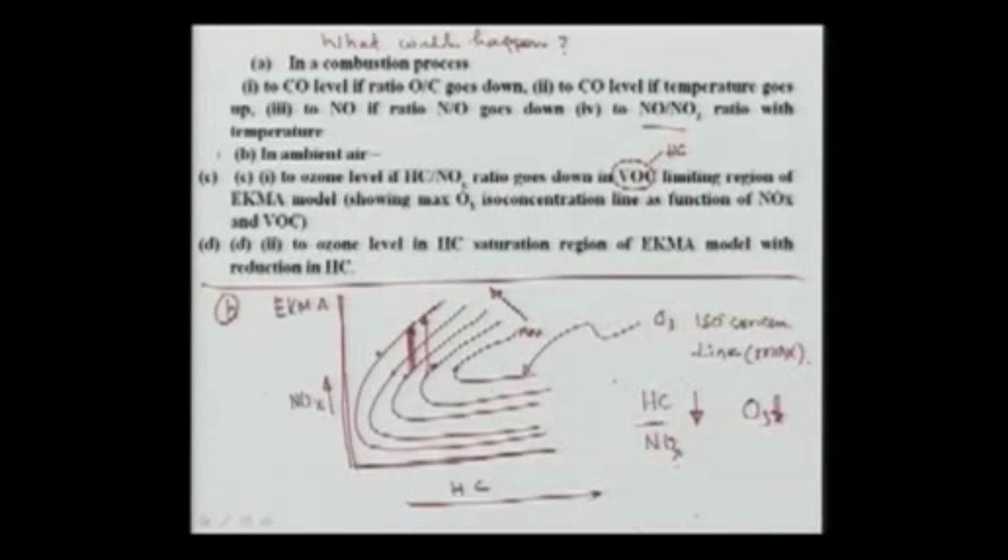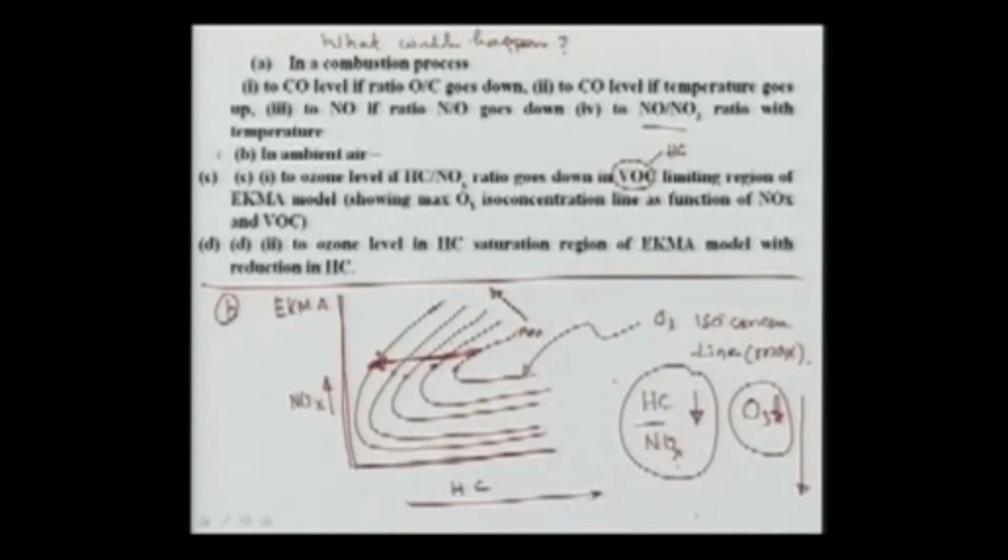I can also decrease this ratio by decreasing the hydrocarbon. So let's see if I can remove this. I can decrease this ratio by decreasing the hydrocarbon, which means again I am moving in this direction. If I move in this direction, again my ozone concentration is dropping. So I can conclude that as this ratio goes down, my ozone level will also go down.